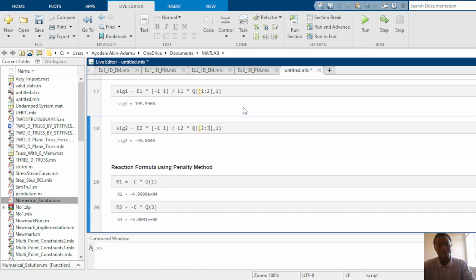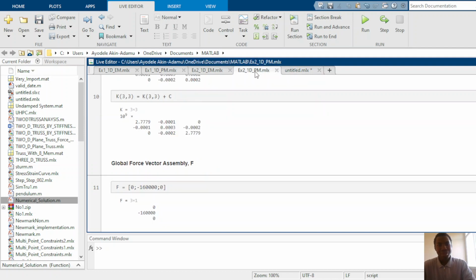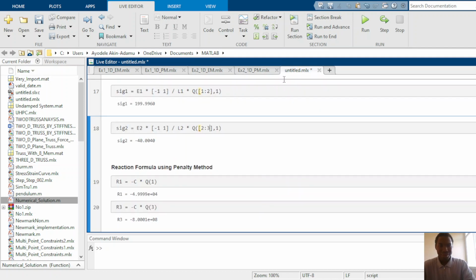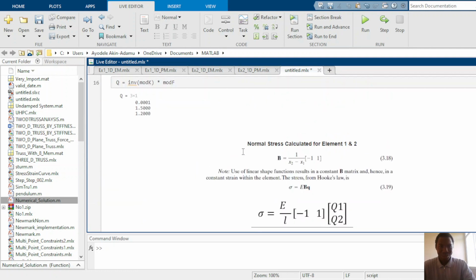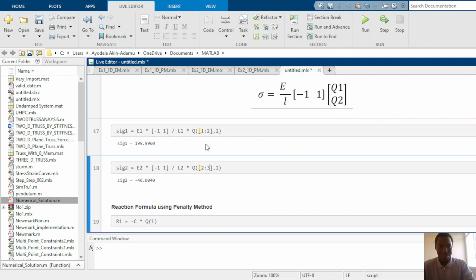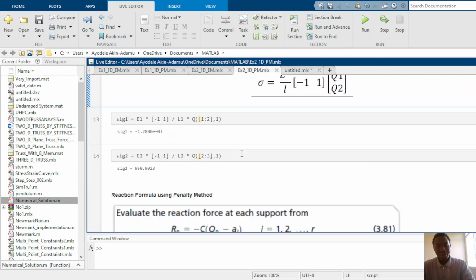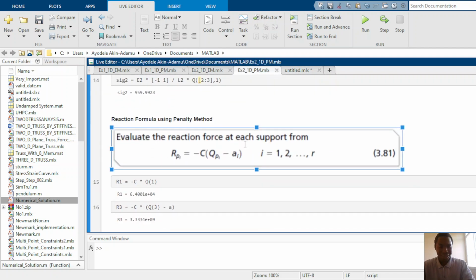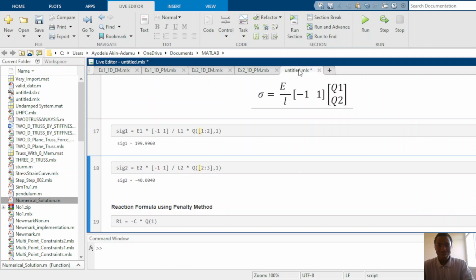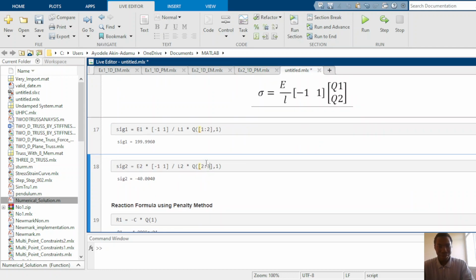I was using the wrong code. Oh, I'm so sorry. This is the code I was supposed to use to explain. So let me explain the reaction again. I was supposed to use this live script. I was using another live script.